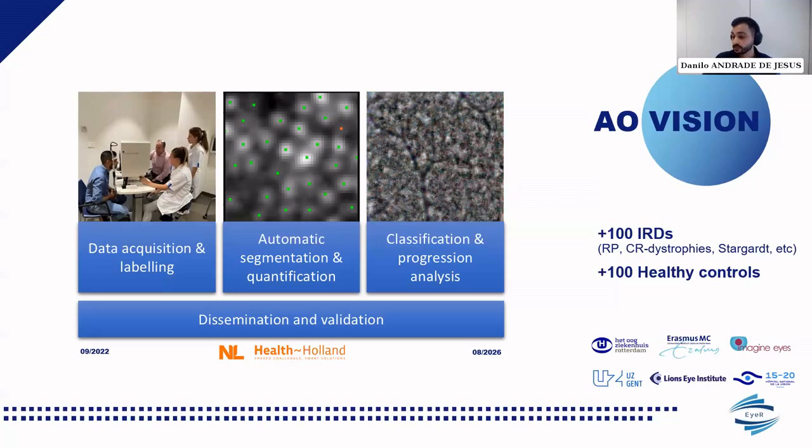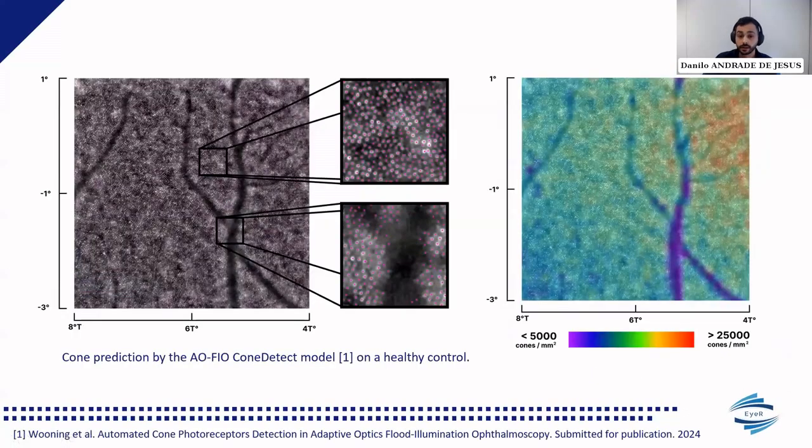This has allowed us to develop a method for the automated detection of the photoreceptors, of which you can already see some results here, which we will continue improving during the course of the project, as well as continue developing new ways of quantification and classification of IRDs.